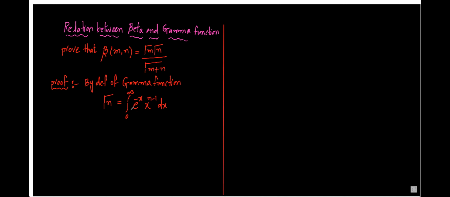Okay, and now also the third property of the gamma function we proved yesterday. This one: gamma of n is equal to z power n integral 0 to infinity e to the power of minus zx, x to the power of n minus 1 into dx.